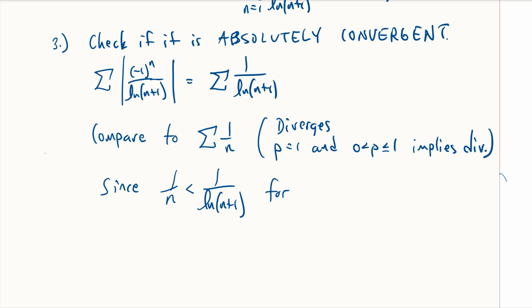But once you get to about the 10th, 11th, 12th, 13th, 14th terms, you can see that the terms of 1 over natural log of n plus 1 are larger than 1 over n. So if it's not alternating, it diverges.